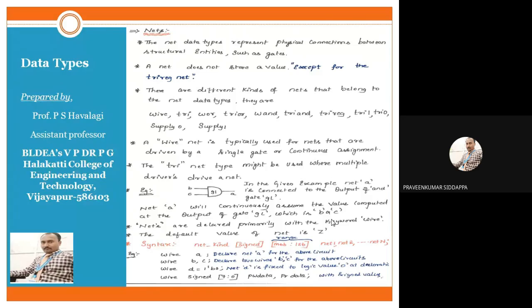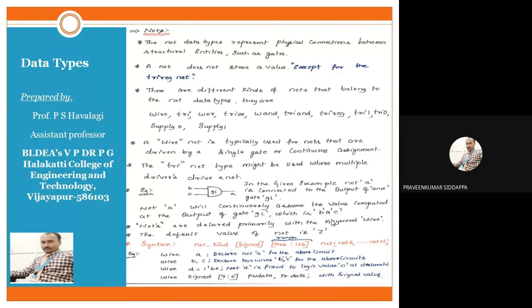Whenever you have a logical diagram, physical connections are, for example, two AND gates. How should those two AND gates be connected? The output of the first AND gate should be connected to the input of the second AND gate.